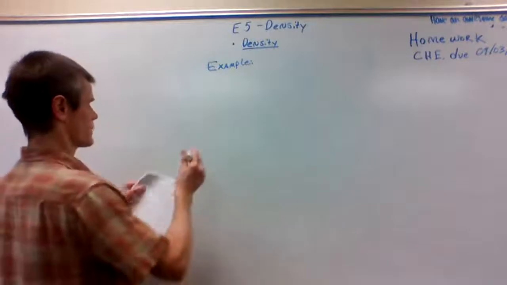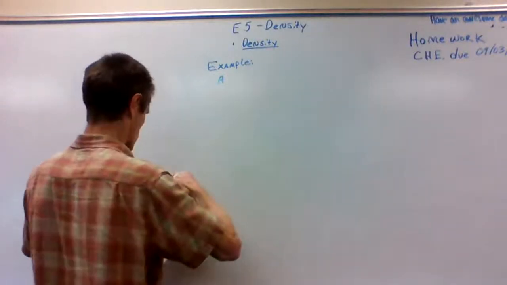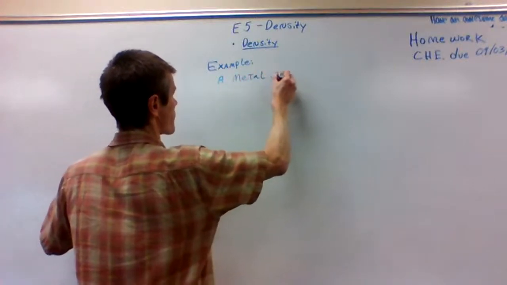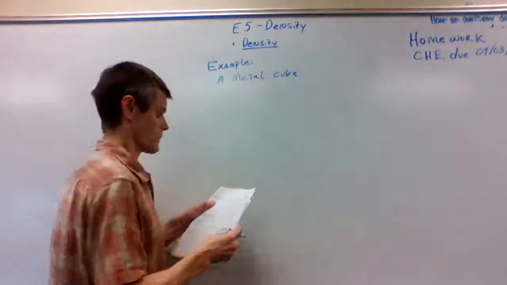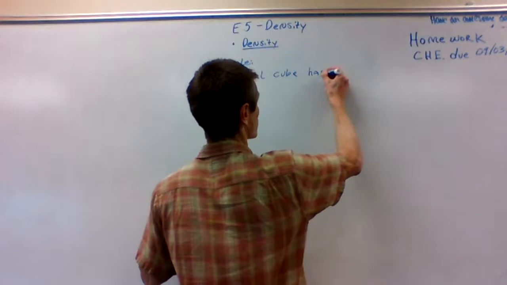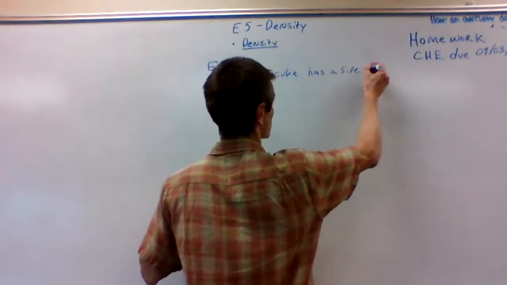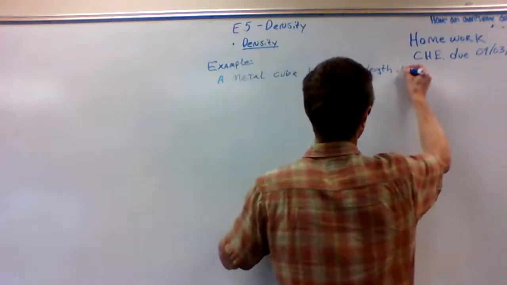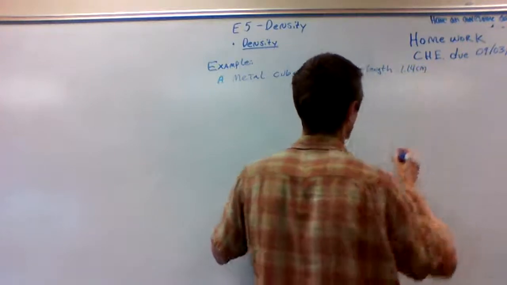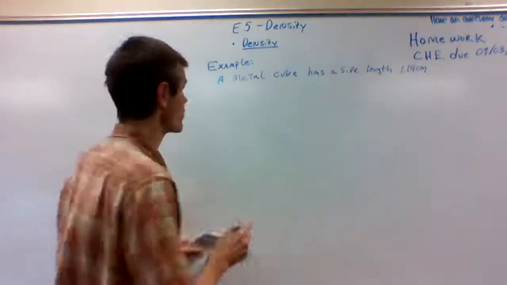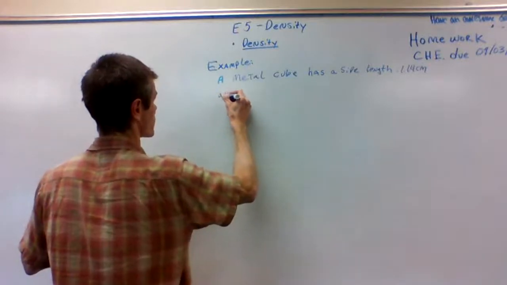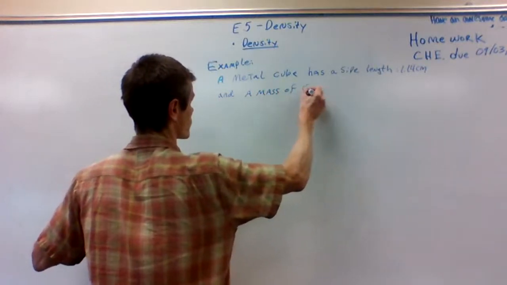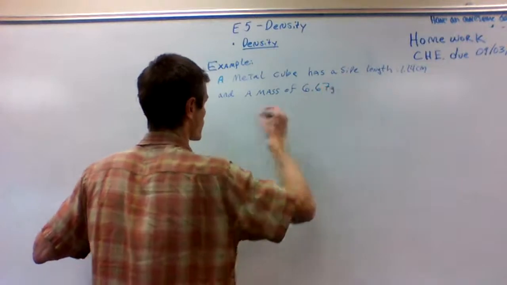Example: a metal cube has a side length of 1.14 centimeters, and it has a mass of 6.67 grams. What's its density?